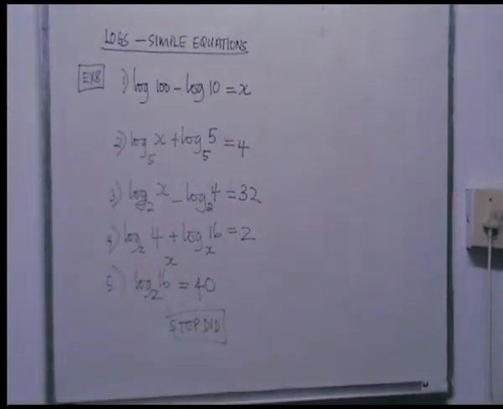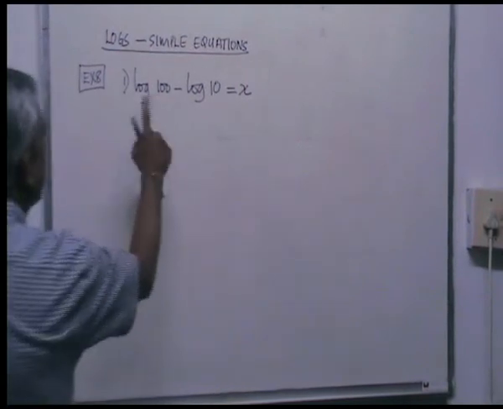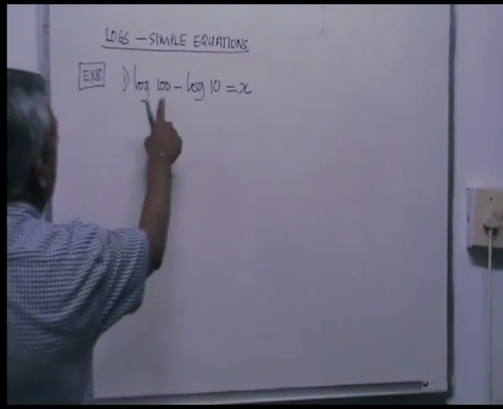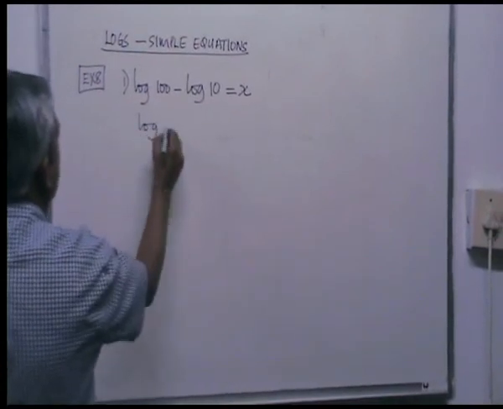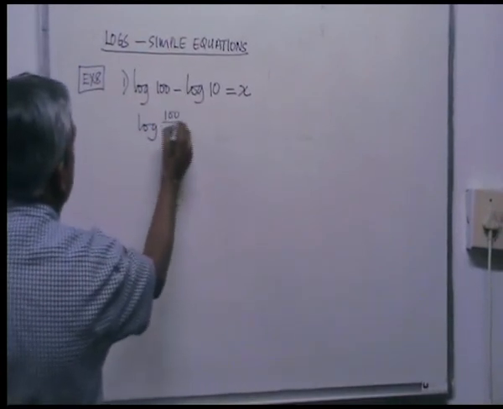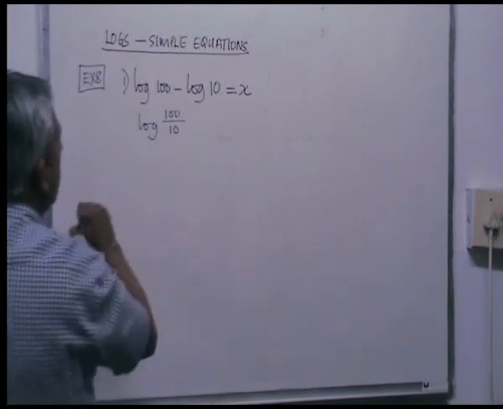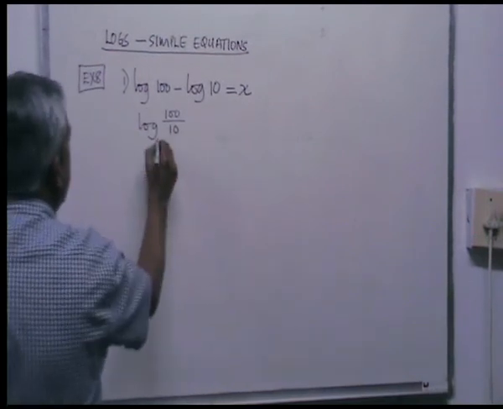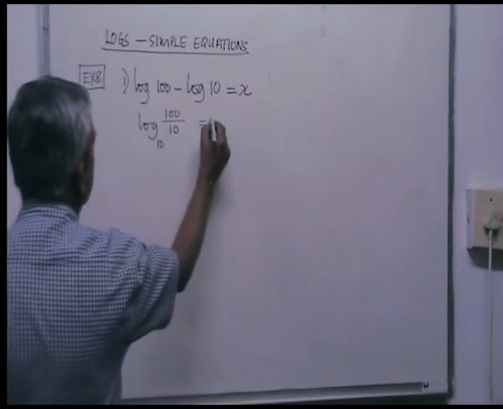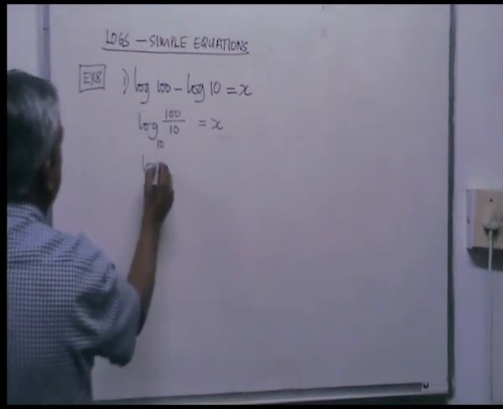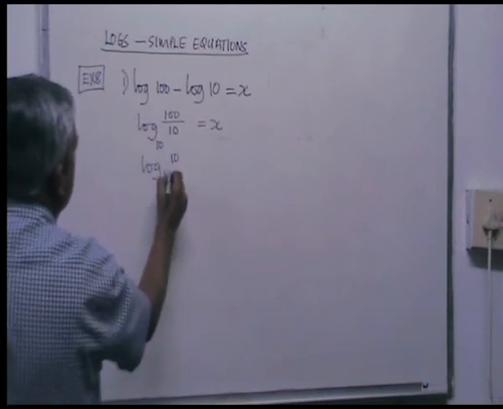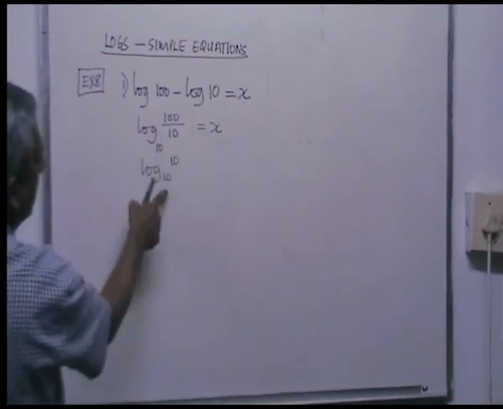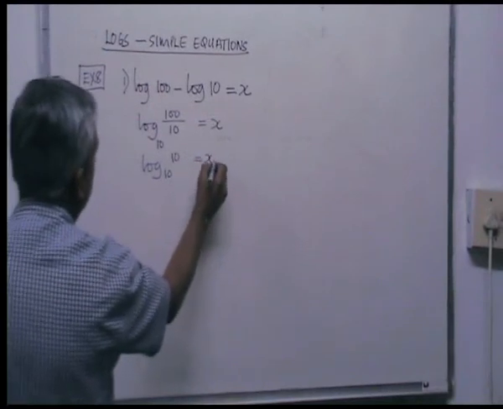Alright, so that was number 1. When you looked at this question, you said, well, this is A minus B, so I can use the quotient law and say that's 100 over 10, and the base is understood to be 10, is equal to x. That simplifies: 100 divided by 10 is 10, and there's the base 10, is equal to x.